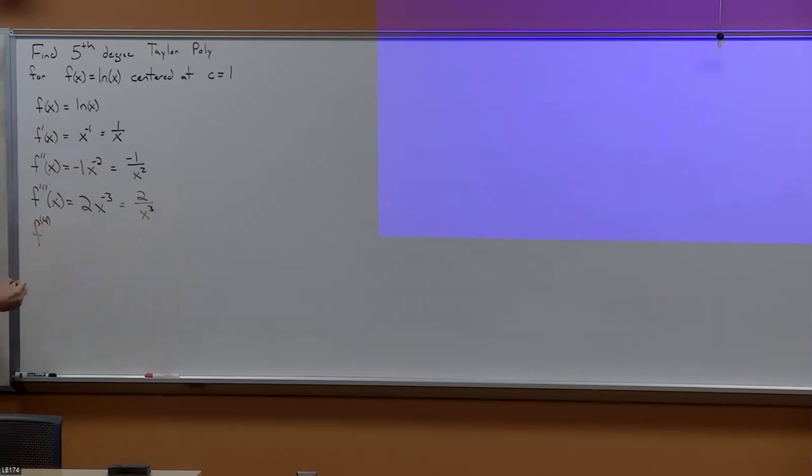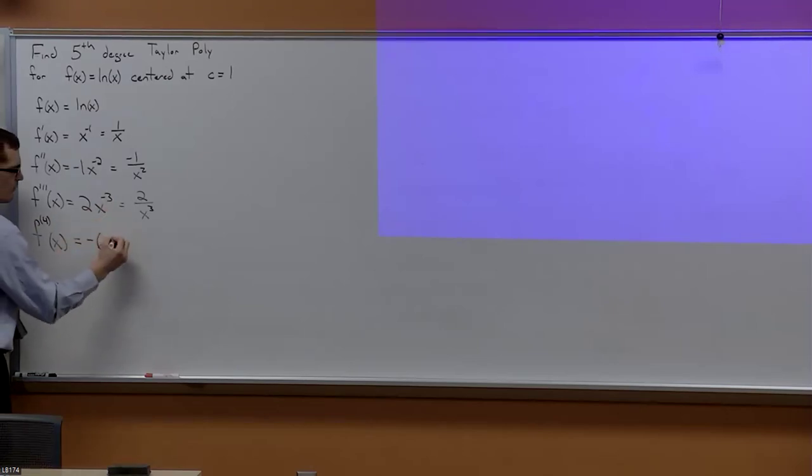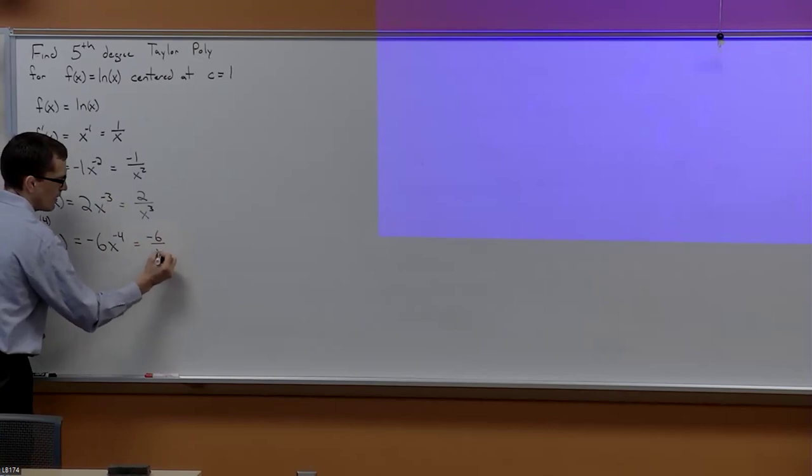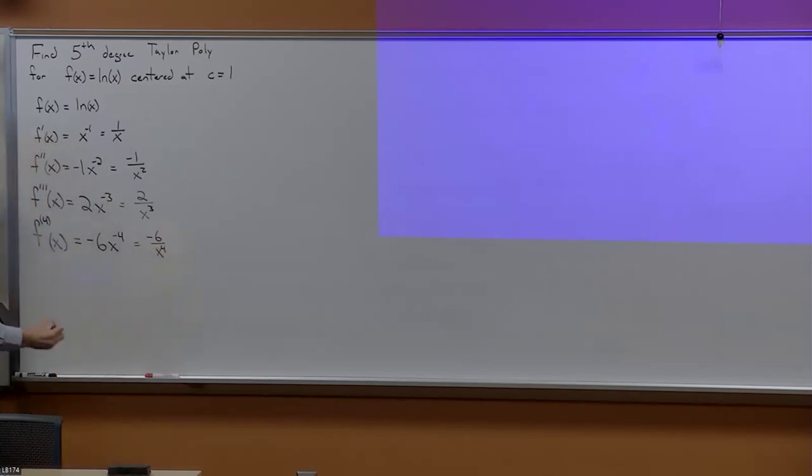Oftentimes, after you take a bunch of derivatives, you don't write all the slash marks. You just write, hey, this is the fourth derivative. So you just write a 4, like in an exponent with parentheses. -3 times 2 is -6. Lower your exponent by 1, you get a -4. As a fraction, that's -6 over x to the fourth.